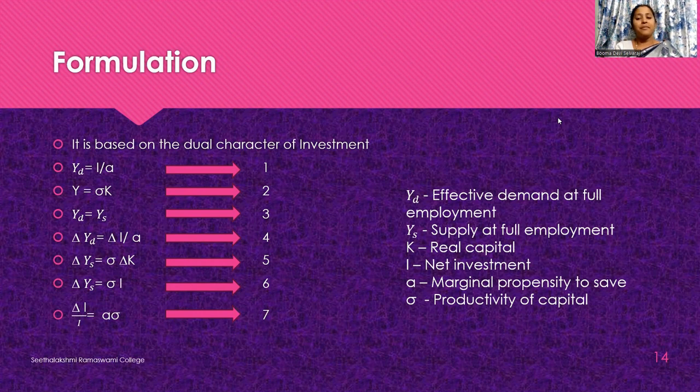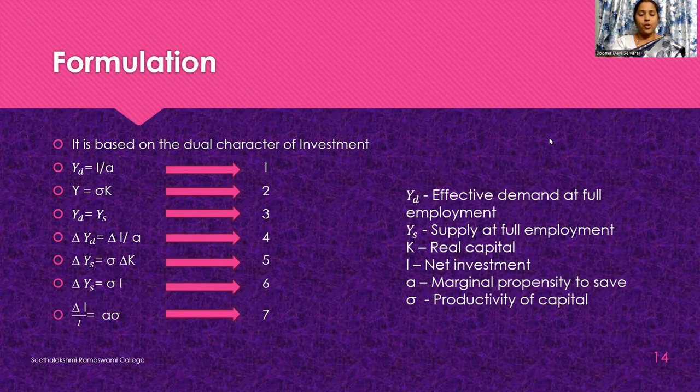Y_D refers to the effective demand at full employment. Y_S refers to the level of supply at full employment. K refers to the real capital. I shows the net investment. Alpha shows the marginal propensity to save. And sigma shows the productivity of capital.